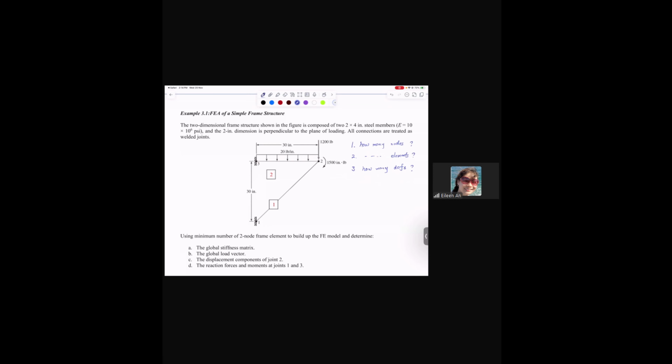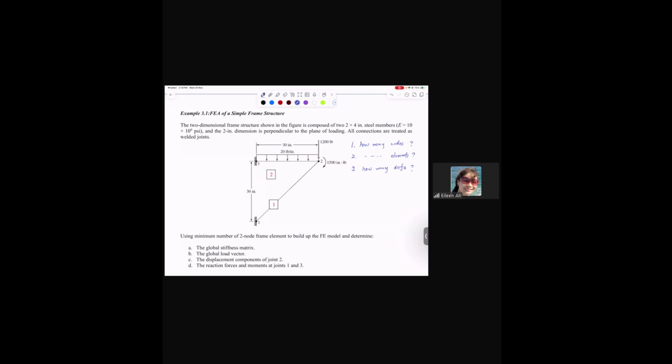Okay, are you able to tell me the answer? How many nodes do we need for this problem? 3, right? 2 elements, right? Okay, now can you tell me the coordinates of those 3 nodes? Okay, node 1, 0, 0.